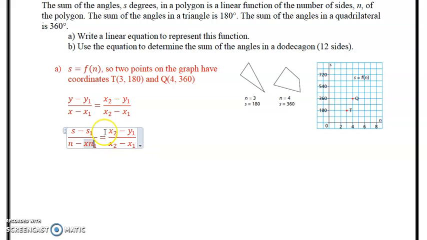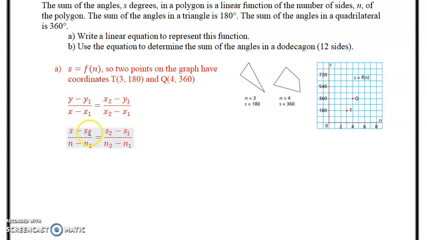Okay, so here we have n and then s. N is x and s is y, so I substitute all those in.